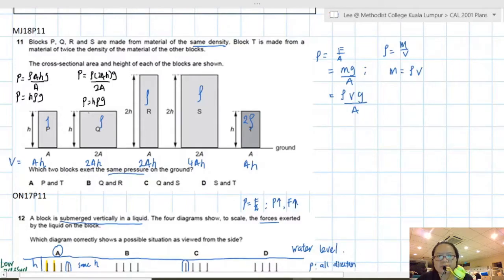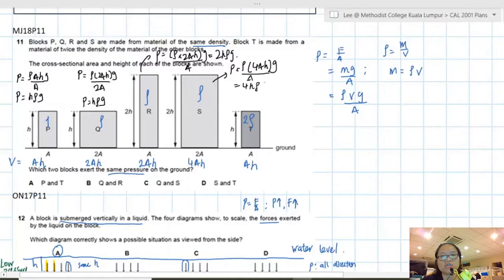So the pressure is the same. Okay, what about this one? Well, this one, I would take density times 2AH times g divided by A. So this is actually 2H rho g. Not the same. Okay, and this one would be rho 4AH g.